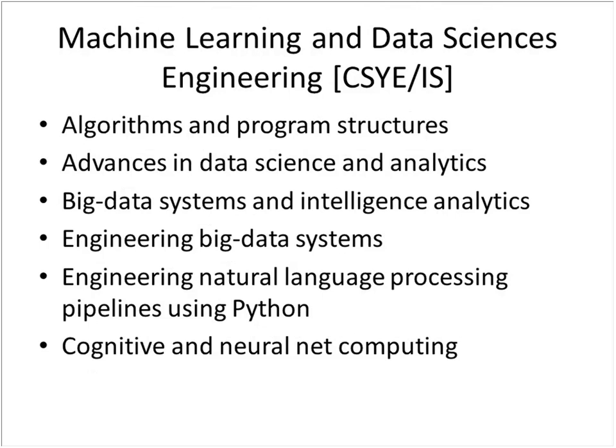And of course, it goes without saying, machine learning and data science engineering, one of the hottest areas right now. We recommend the algorithms class to start with, the machine learning class, the big data systems for deep learning, how to create huge, large-scale big data pipelines on top of Hadoop.